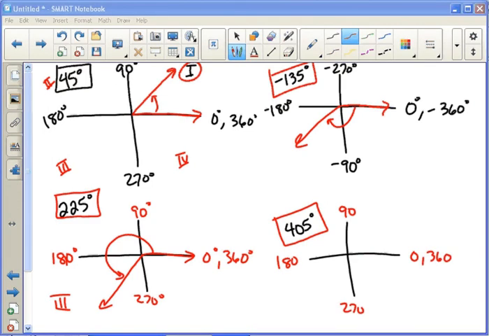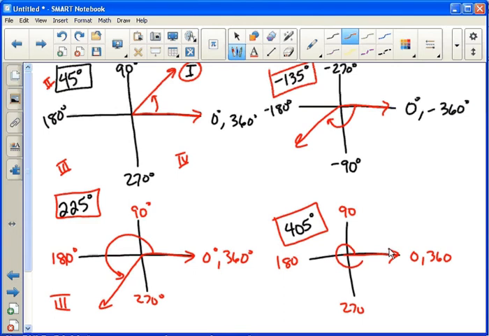It's going to start here, and it's going to go all the way around to 360, but then it's not done. It still has 45 more degrees to go, so I put it at 45 degrees above 360. Now it is important that you draw that spiral, because it goes all the way around and then ends 45 degrees after making one complete turn. So that's how you would draw those.